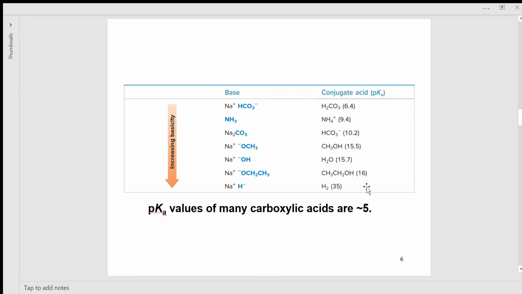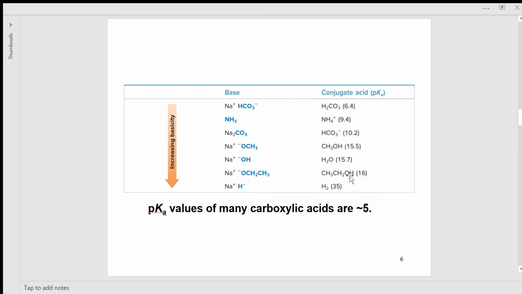Well, again, pKa value is very critical. I don't want you to remember the exact pKa values of the acids in this table, but at least you should have an idea of the rough range of molecules' pKa. Some very common molecules like water are about 16, which is very close to alcohol. And this is methanol. It's alcohol. All alcohols and water have a pKa value of about 16.